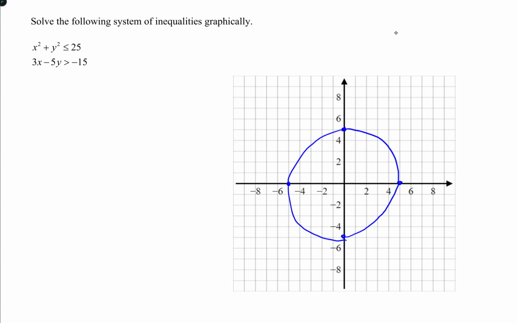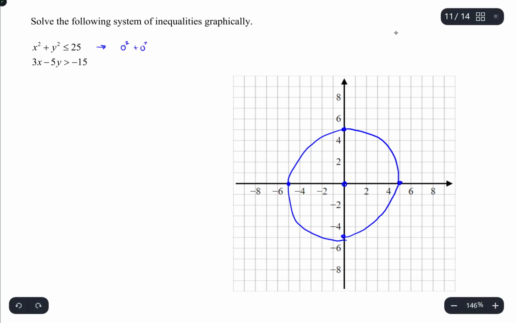Now, the way that we shade, all we need to do is just pick a point, and the origin is perfect. So we'll plug the origin into this inequality and see what happens. So we would have 0 squared plus 0 squared is less than or equal to 25, which means 0 is less than or equal to 25, and that is a true statement.